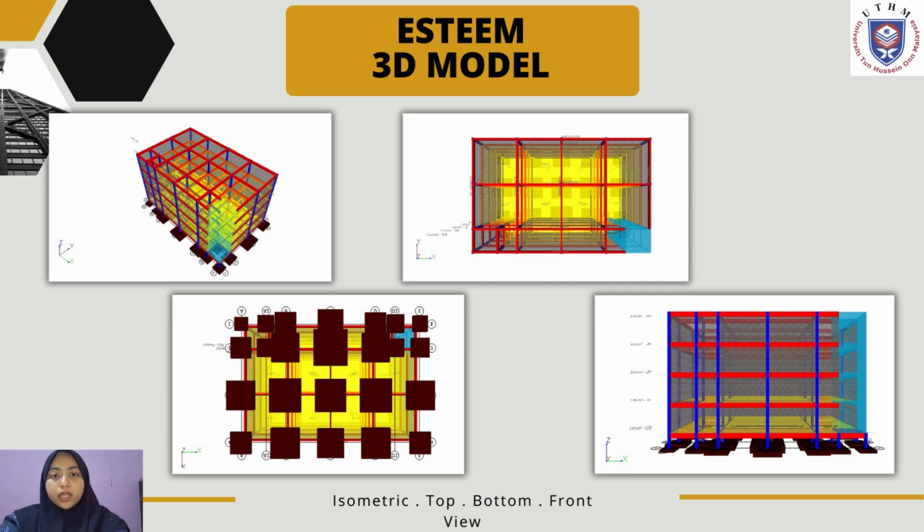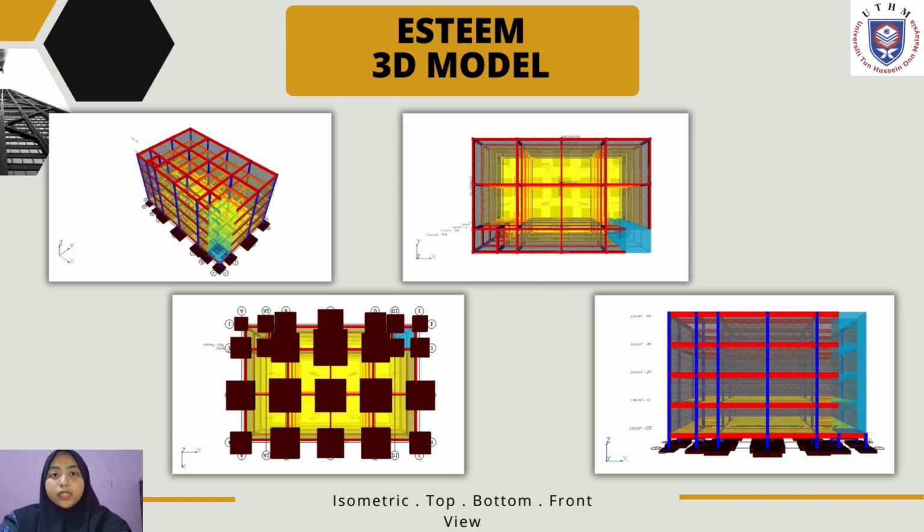So for now, I will explain about our project, which is the part of the Esteem 3D model. The Esteem 3D model is generated by referring to the structural layout plan drawing, where we have to refer to the dimensions of the building and also other parameters such as the columns and the location of the beams. By using the Esteem software, we can also analyze our structural members, and we can analyze the wind load calculation, which supports the frame analysis for the arm brace part.